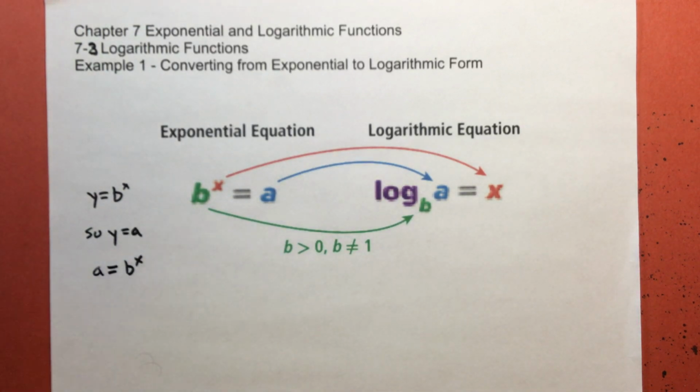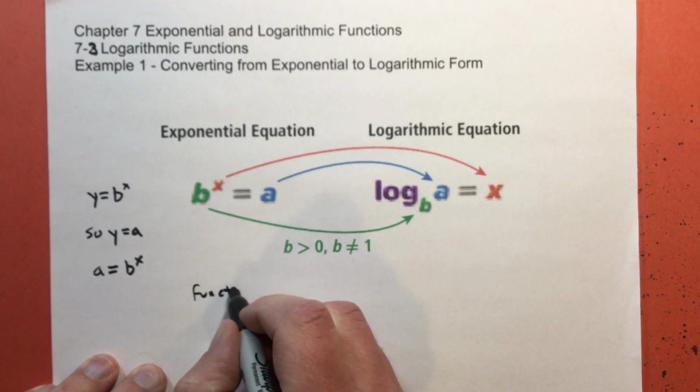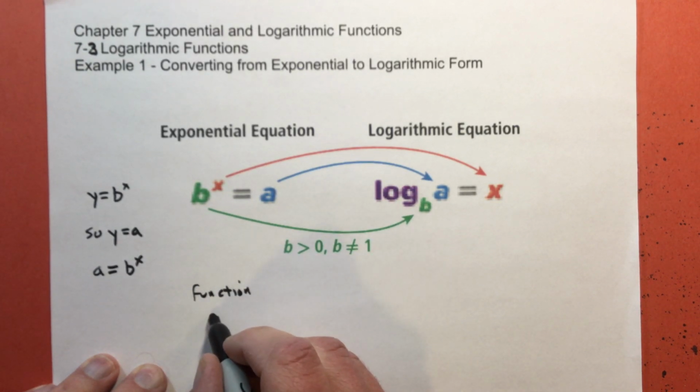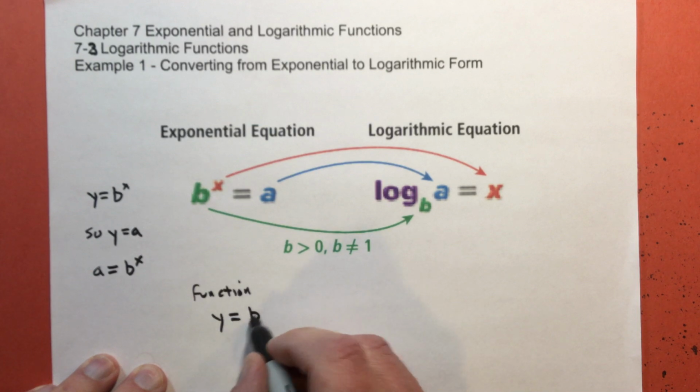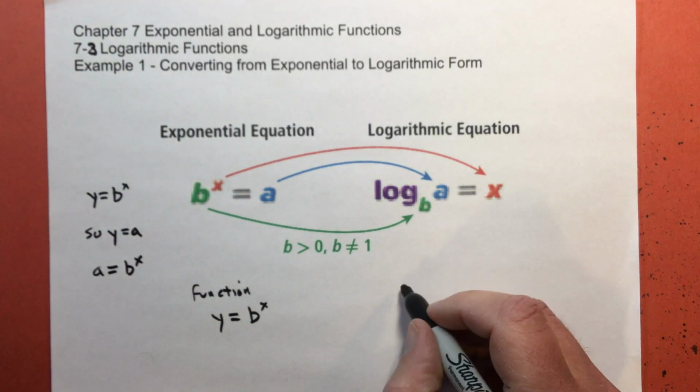So the trickiness comes from section 7-2, because in that section we talked about inverses. That's where we discussed switching the x and the y to make an inverse. So if I had a function, I say y equals b to the x power, like we did in section 7-1 the first time we got to chapter 7. Now here's the deal.